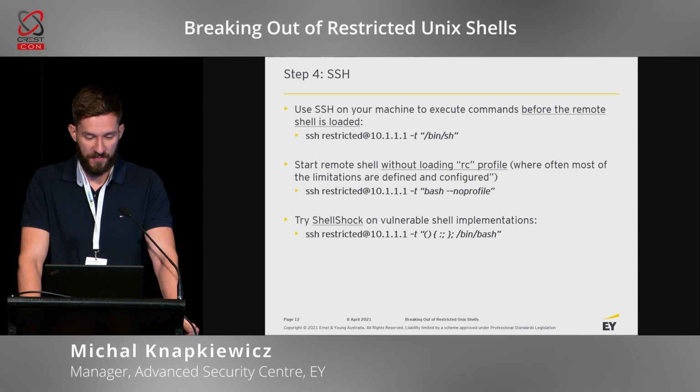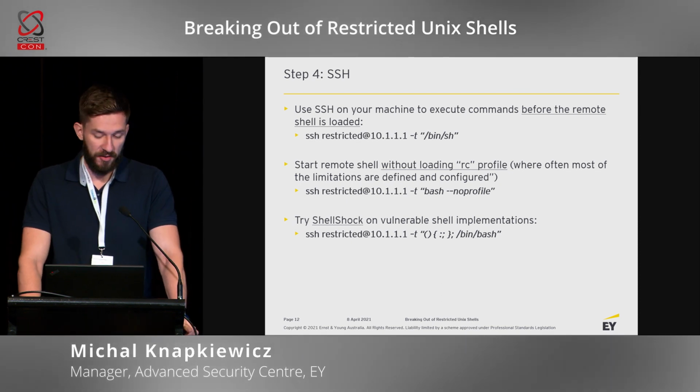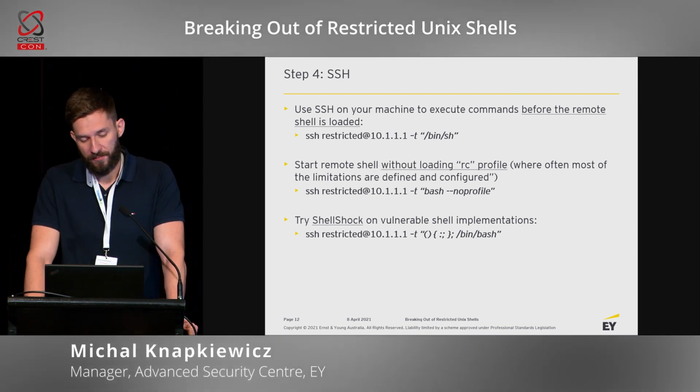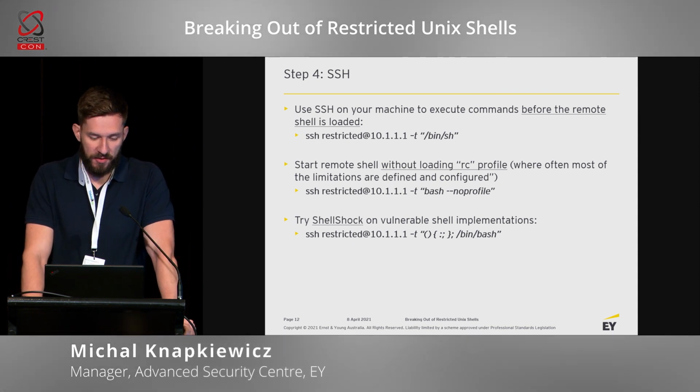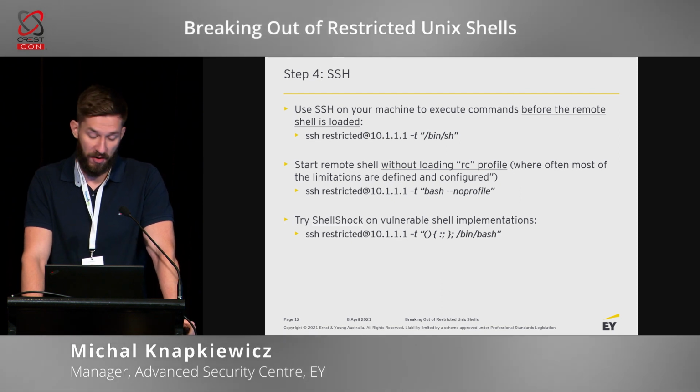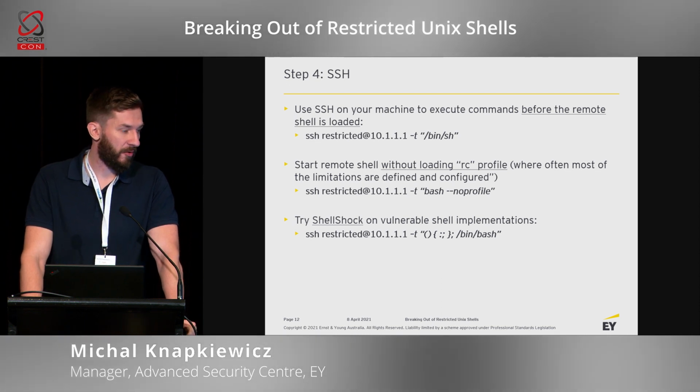Another way of breaking out is using SSH. When you SSH to a box that you're trying to compromise, there are certain things you can run. If you use the -t option, you can provide a command that will be executed before the profile of the remote shell is loaded.